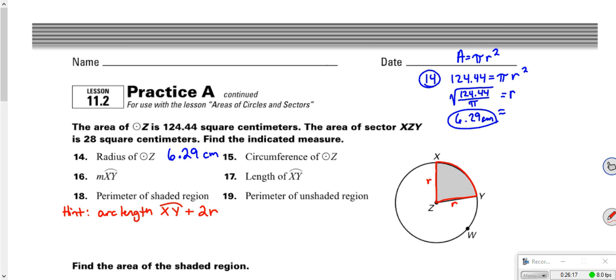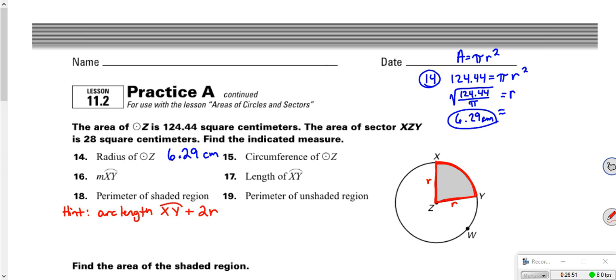If it's circle Z, that means Z has to be the center. So from the center to the outside is a radius. Obviously you can tell I couldn't hardly draw a straight line here, but these two are radii. And then this, I don't know if you can see me tracing it, is your arc length xy. So that would give you your perimeter: your arc length xy plus 2r. That's my hint for 18.